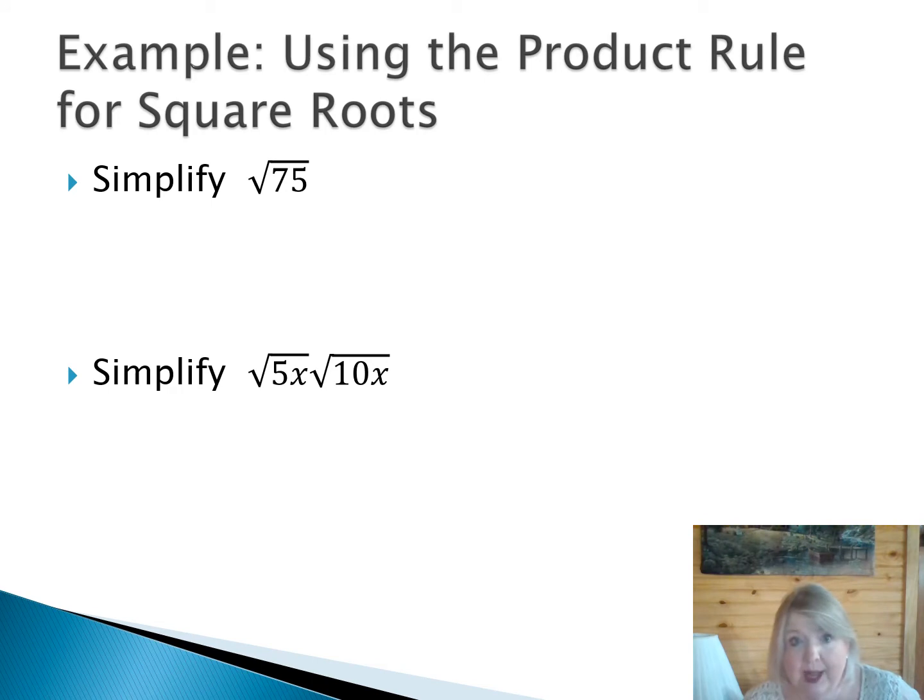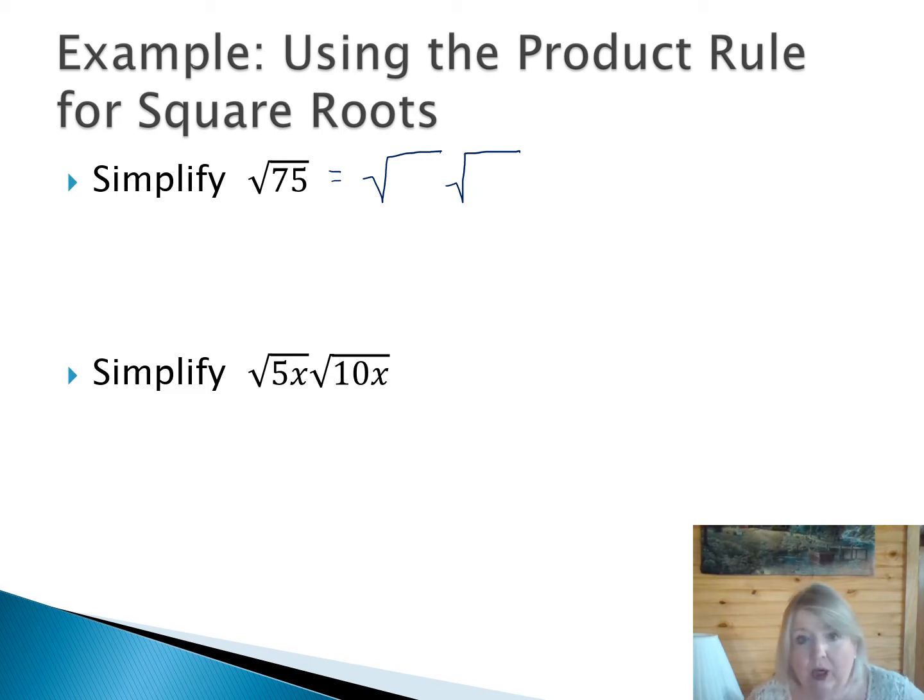Okay, let's use that product rule to simplify a few square roots. Now, in order for me to be able to simplify something, I need the square root and the square to give me a principal square root. I need to be able to take the square root of one of my factors. So those numbers that I asked you to learn earlier, the square numbers, are very important here.